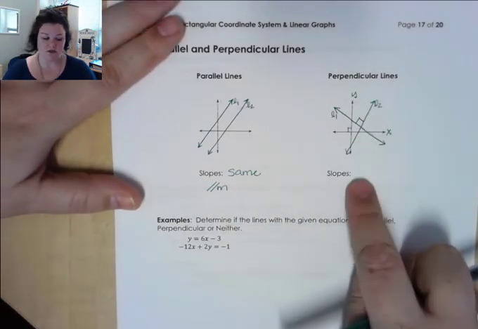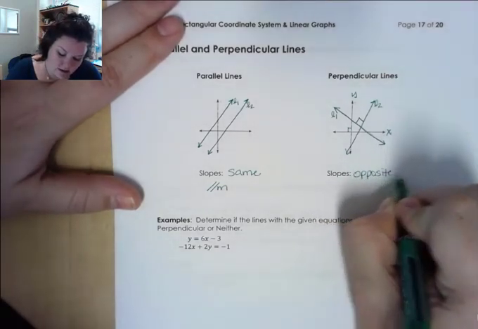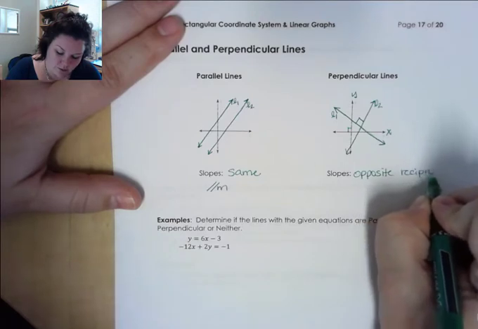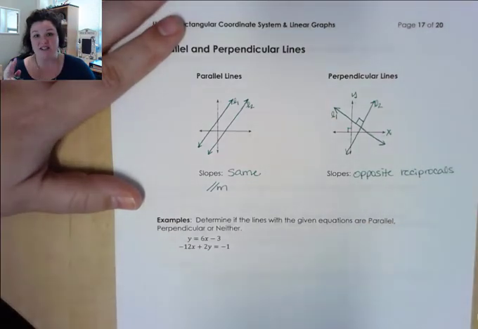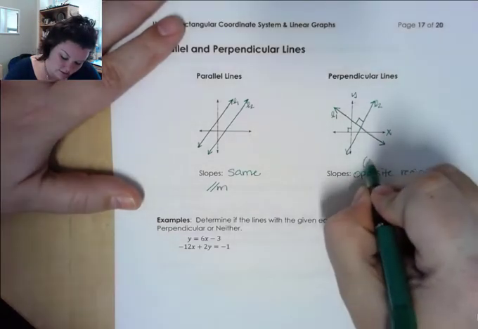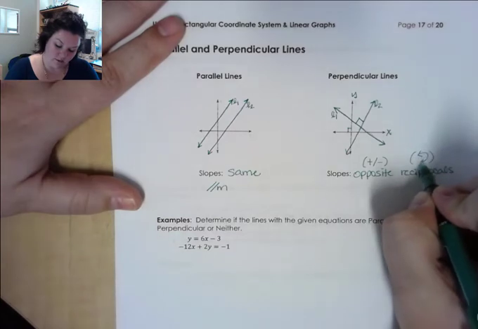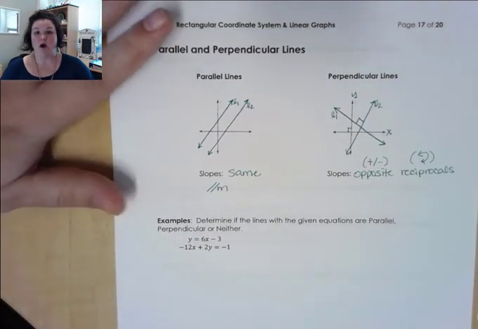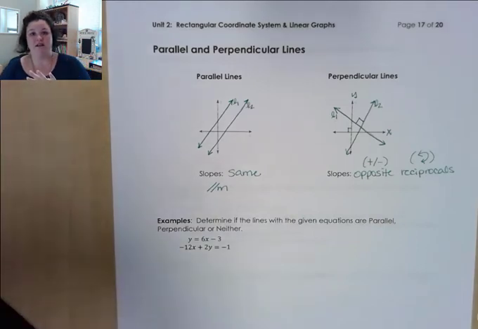Slopes of perpendicular lines are opposite reciprocals, okay? Opposite means we're changing the sign, plus, minus. And reciprocal means that we flip it, okay? So opposite, if the slope was originally positive, then the opposite would be negative, right?